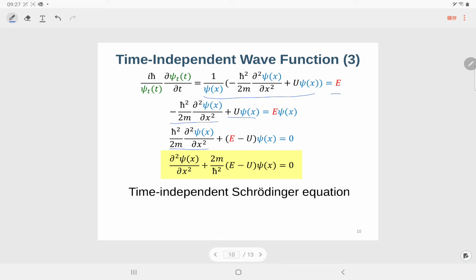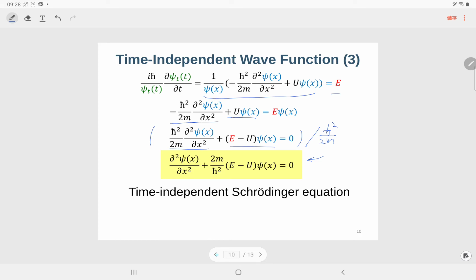So this one becomes positive and this one becomes like this, E minus U times phi x. And we can divide H bar square over 2m on both sides, and it becomes like this. And actually, you see this one on the lecture slides or on the textbook.